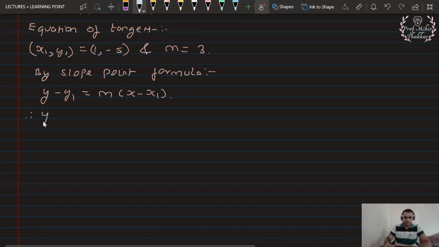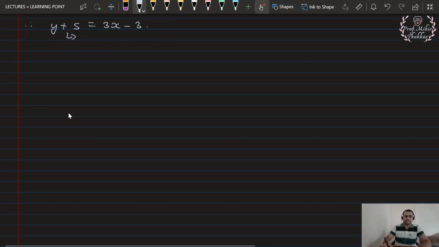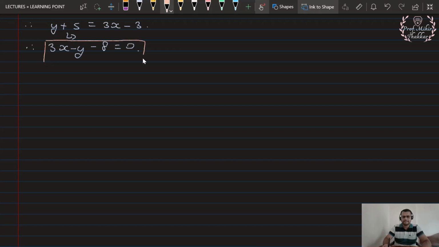Substituting the values very carefully, y minus negative 5, m over there is 3 into x minus 1. Open the brackets, y plus 5 is equal to 3x minus 3. Transfer these elements on the opposite side so their signs will change. So you should get this as 3x minus y minus 3 minus 5, minus 8, is equal to 0. So students, that is your required equation of the tangent.